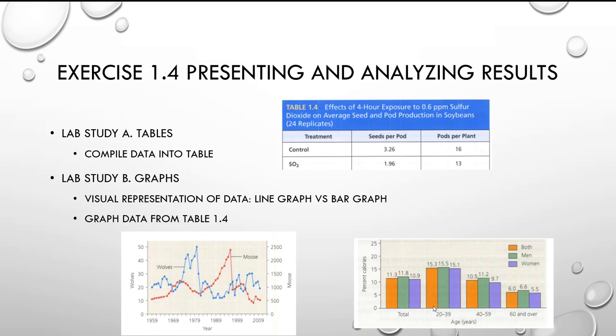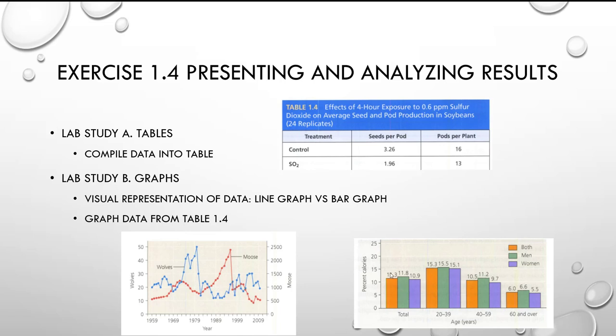And then over here on the right we have a bar graph, and in this bar graph we have age, which is continuous, but the other variable is discrete. So we have men, women, and both. We can't really have an in between because we have a both.